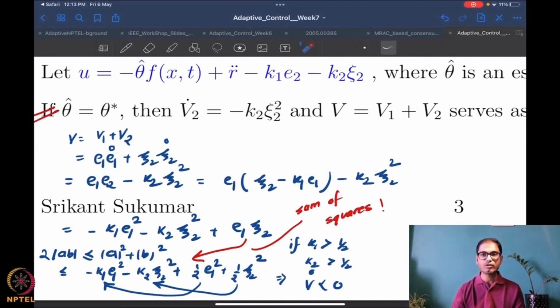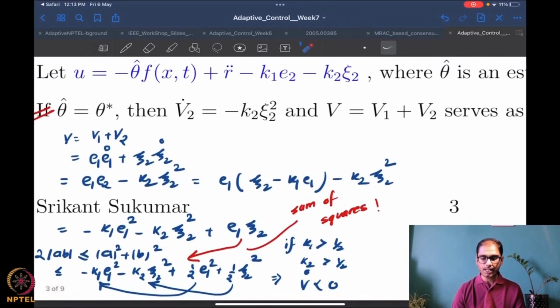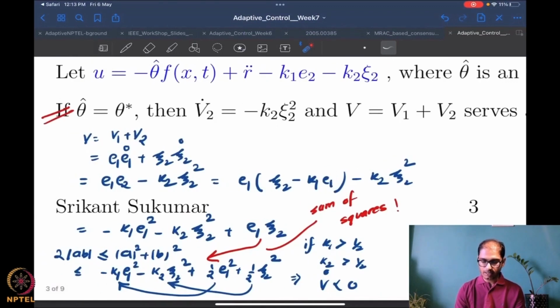So whenever I say sum of squares method, it means that I took the mixed terms which look like 2ab. Notice that although I've written it in terms of absolute values, this can actually be written in terms of norms. This is like a norm inequality also, no problem. This is just a standard a squared plus b squared plus 2ab equal to a plus b whole square type of inequality.